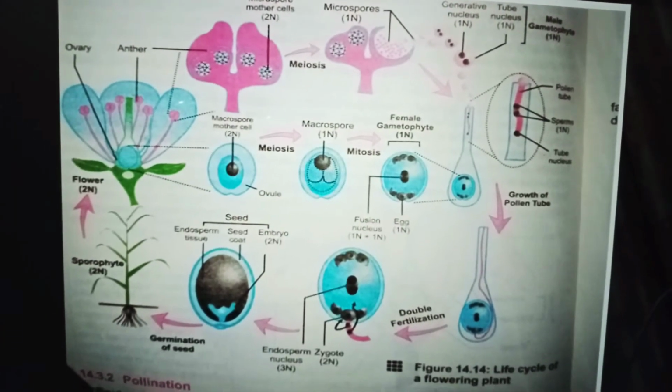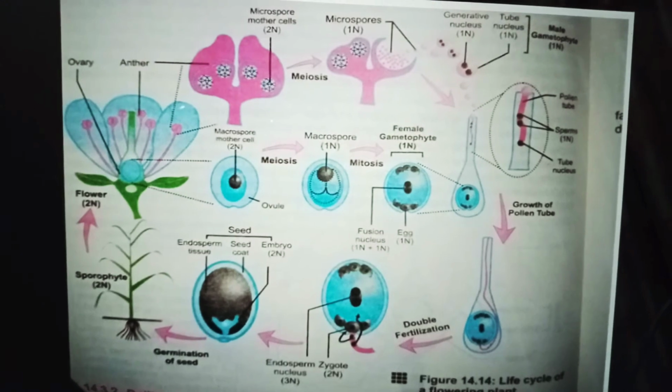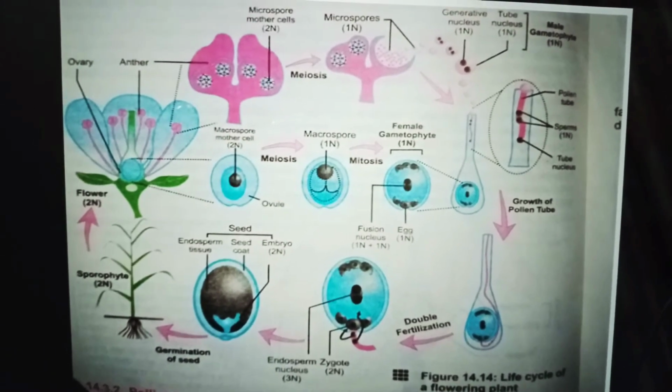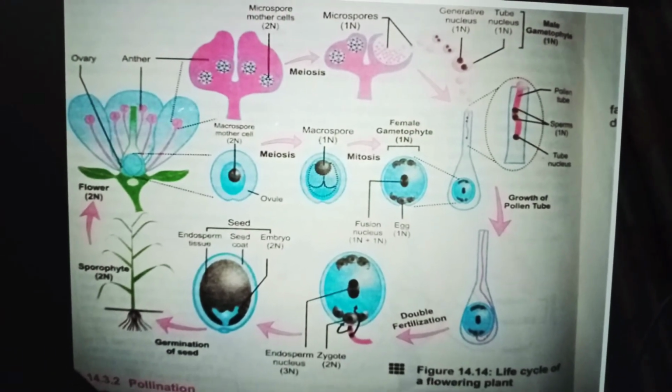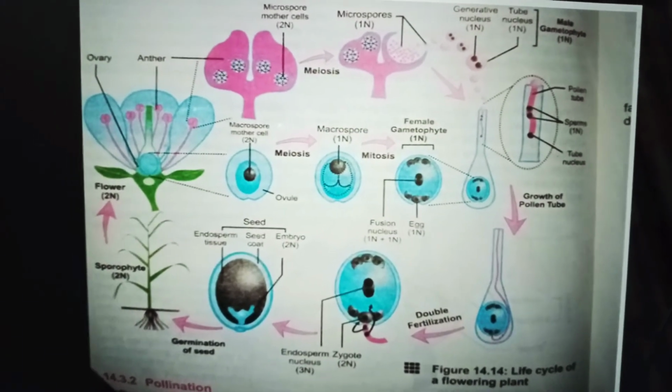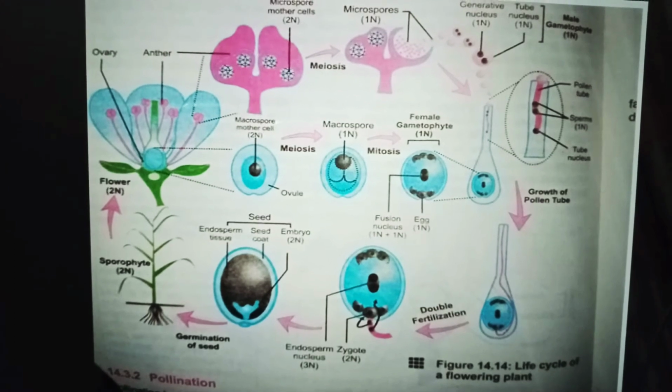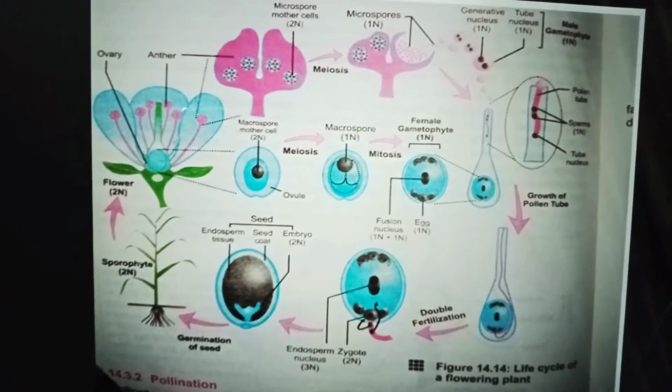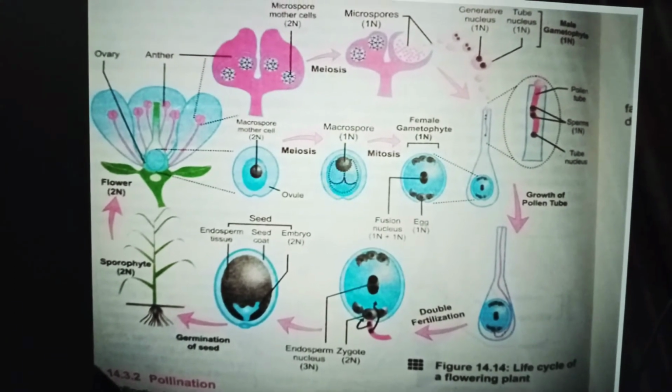When seeds mature, they are dispersed. We shall discuss that in the next section. If seeds get suitable conditions, their embryos develop into new plants, which is the diploid sporophyte of the next generation.